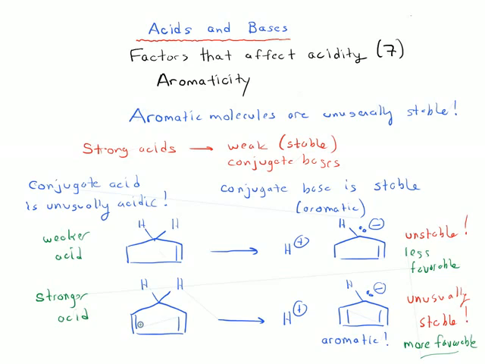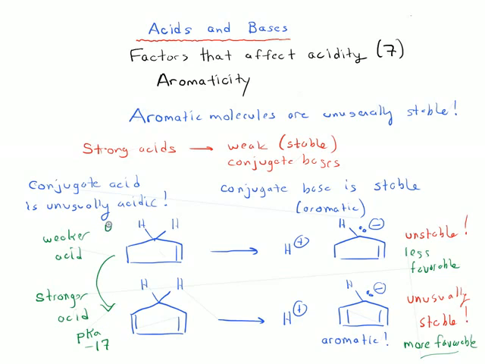And so therefore, if your conjugate base is aromatic, the conjugate acid is going to be unusually acidic. And it turns out that this molecule here is almost as acidic as water. Later on we'll talk about pKa. It has a pKa of about 16, which is close to 17. It's close to water. It's almost as acidic as water. Amazing.